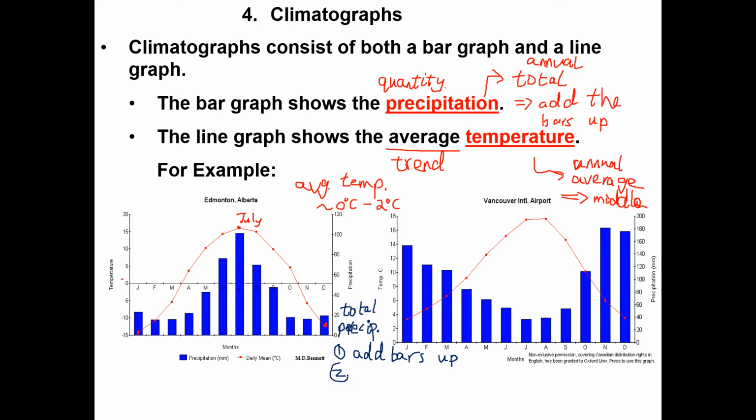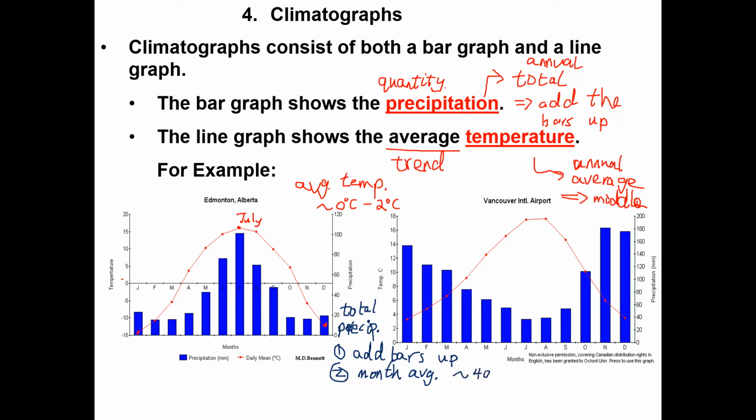Second is we can still use the average. Average is fairly easy to spot. The average looks like it's around 40 centimeters monthly. We figure out the monthly average. For this case, it's about 40.